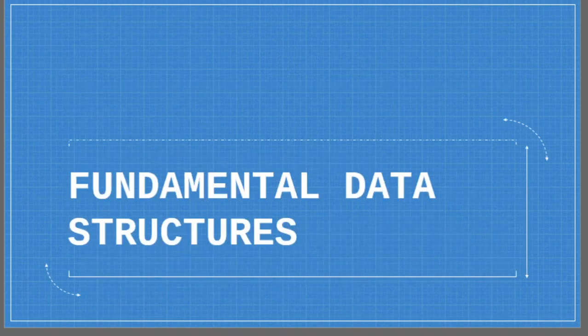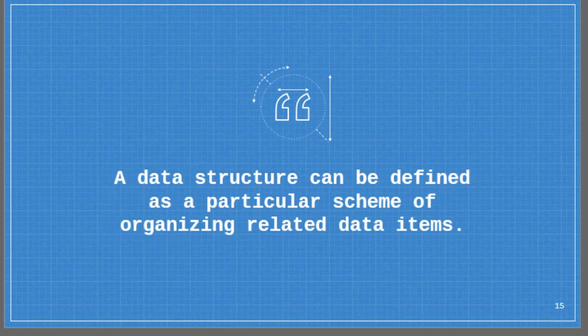Next, we have to tackle fundamental data structures. Since we are using data structures, what is a data structure again, as a review? A data structure can be defined as a particular scheme of organizing related data items.